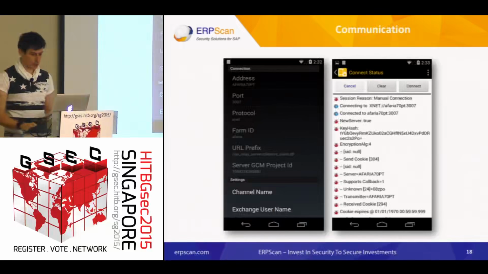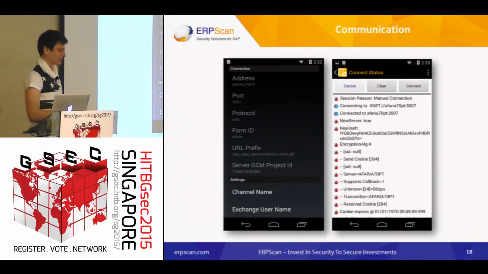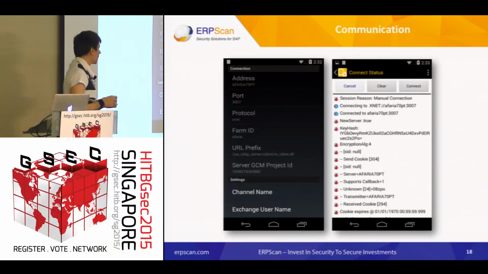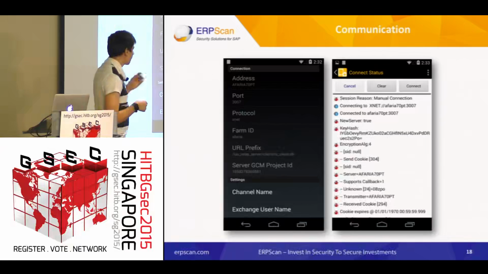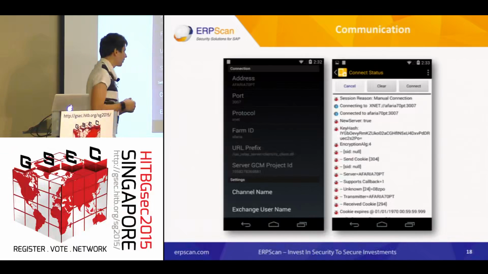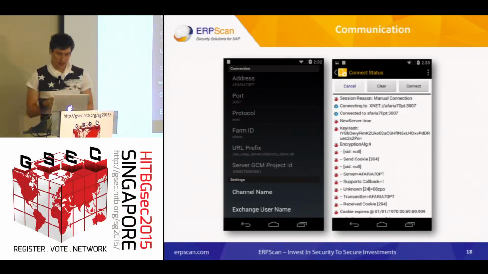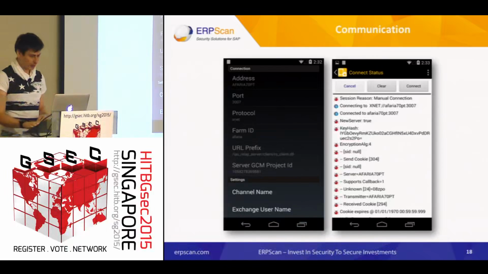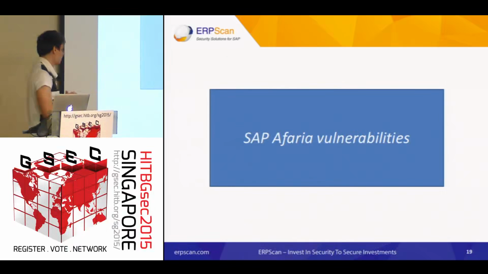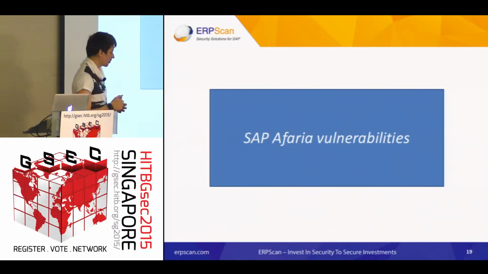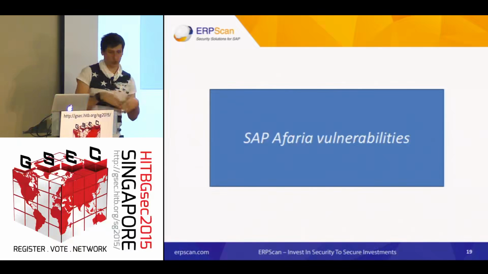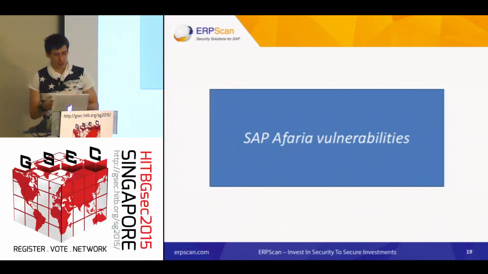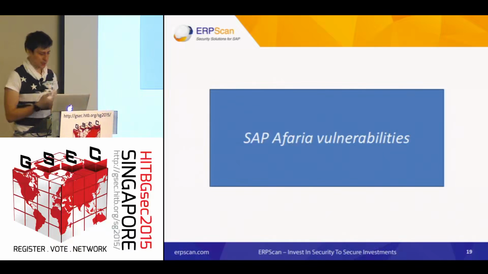So as I said, the main protocol is XNet. The Afaria client uses this protocol for getting and retrieving information from the server. It's a proprietary protocol, encryption exists, and all security things are also available. So I think right now you understand what Afaria is, how it works, and what MDM is.